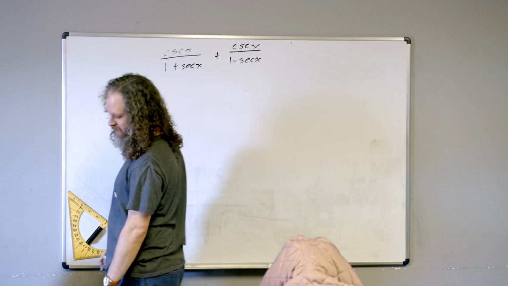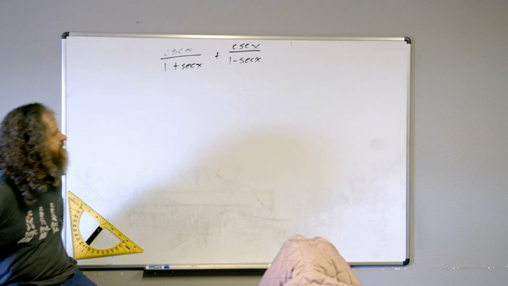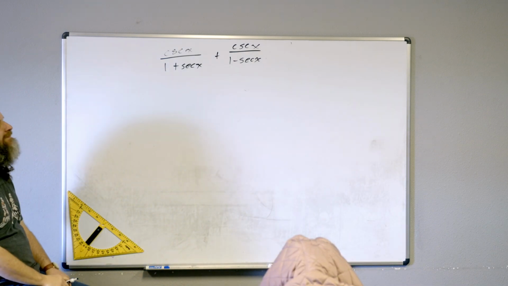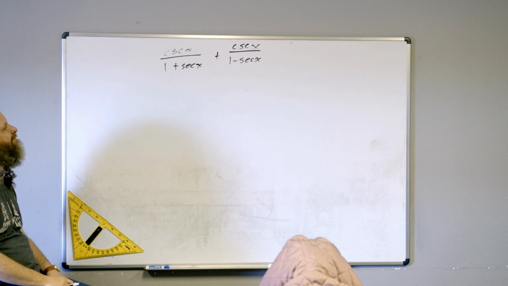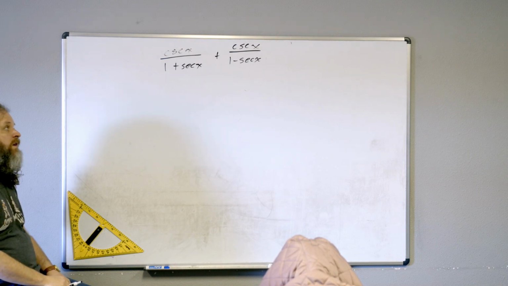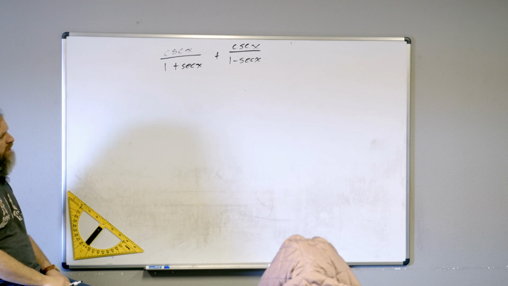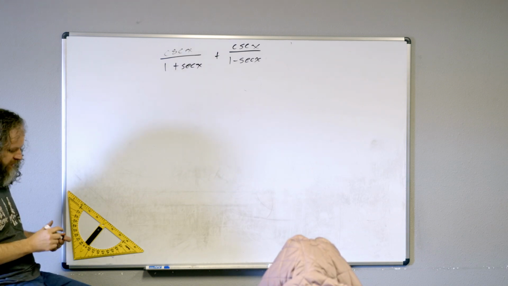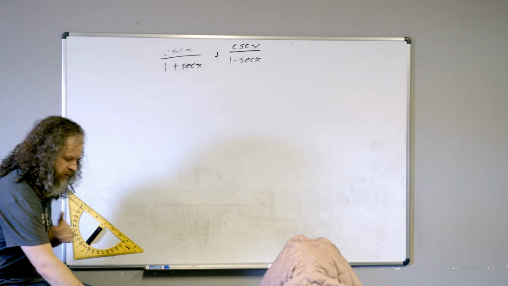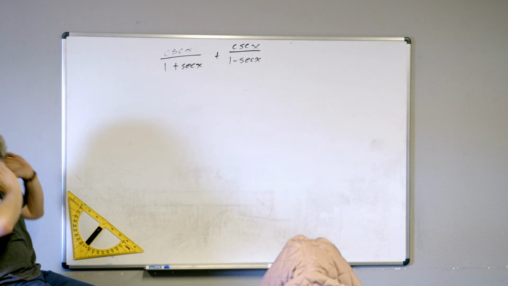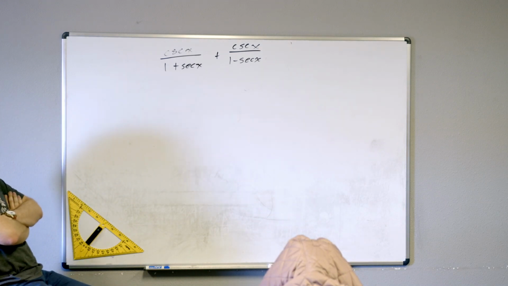Now we're supposed to simplify. What do we do? Turn cosecants into 1 over sine, and we turn secants into 1 over cosine. That is not necessarily a bad path to go ahead and turn it into sines and cosines.